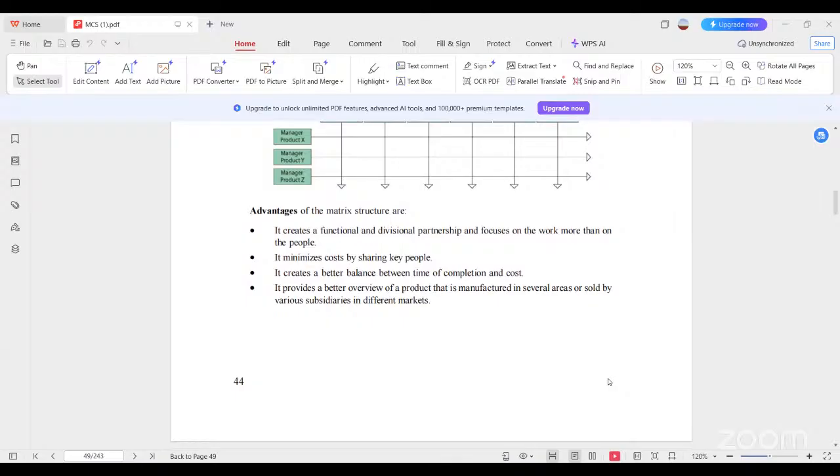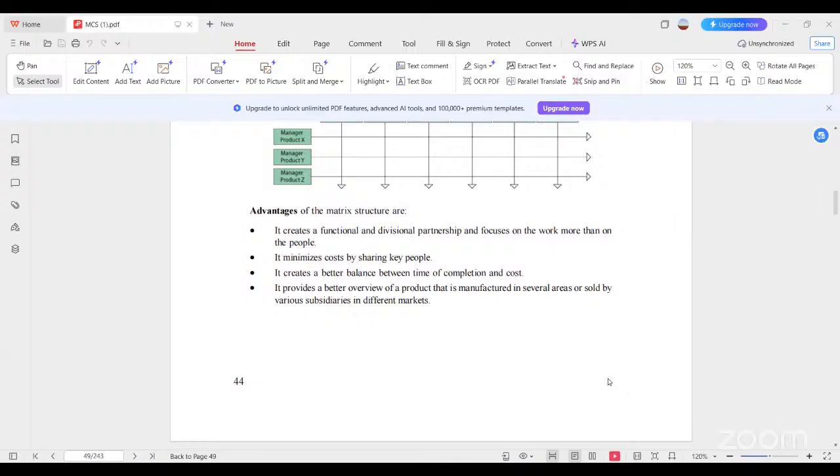So the functional manager ensures efficiency and quality, and the project manager ensures timely completion. Next advantage is better product and market overview. Here, the management will have a clear view of products sold across different regions or subsidiaries. That is, a global product that is sold in India and in Europe can be monitored centrally.